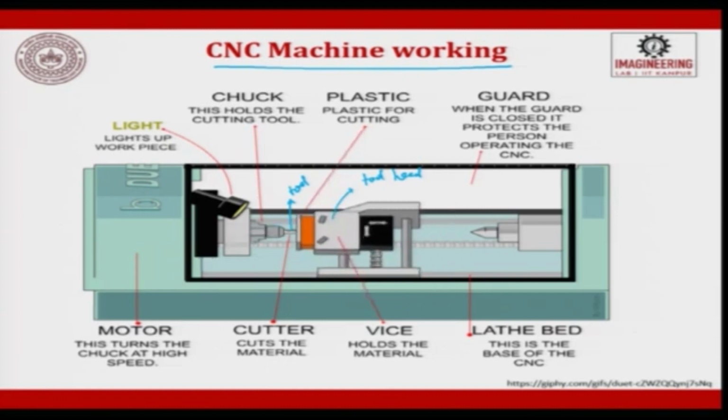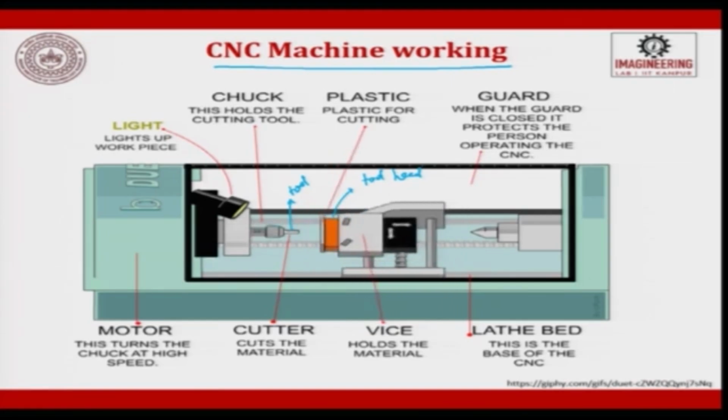So, this is moving in XY direction. You can see a lead screw given here and this does machining. Slightly difficult to understand. Workpiece was here earlier. Now, we have put a tool. In the tool holder, where we put a tool, I have put the workpiece. So, you can see that the tool holder will move in XY direction to get the required output.